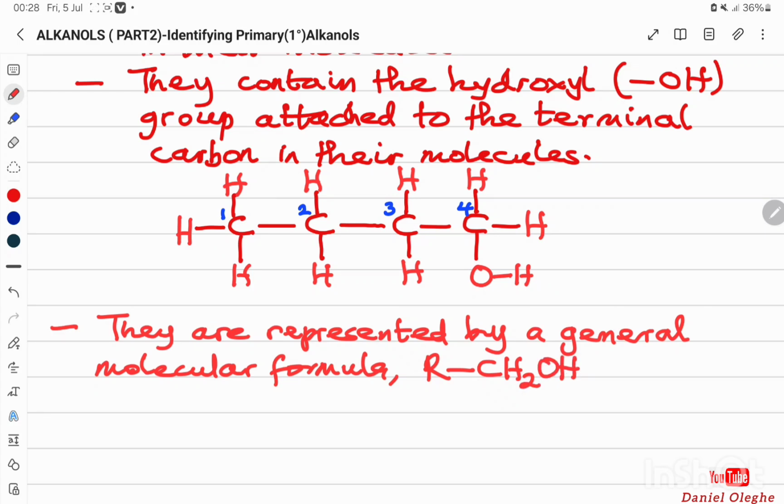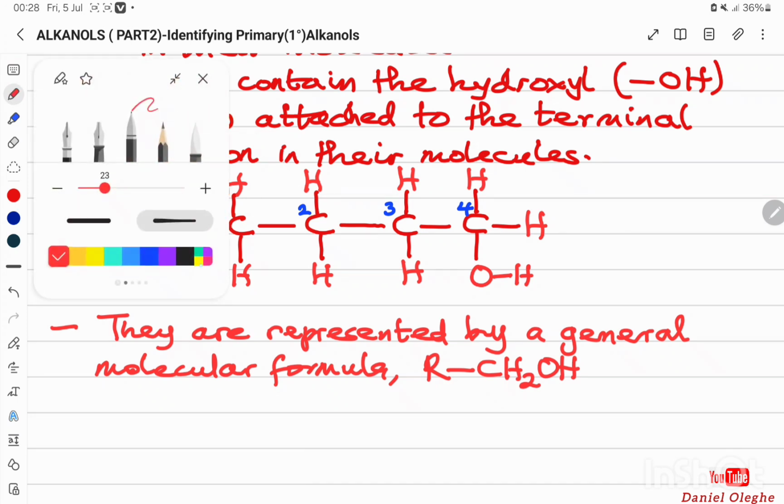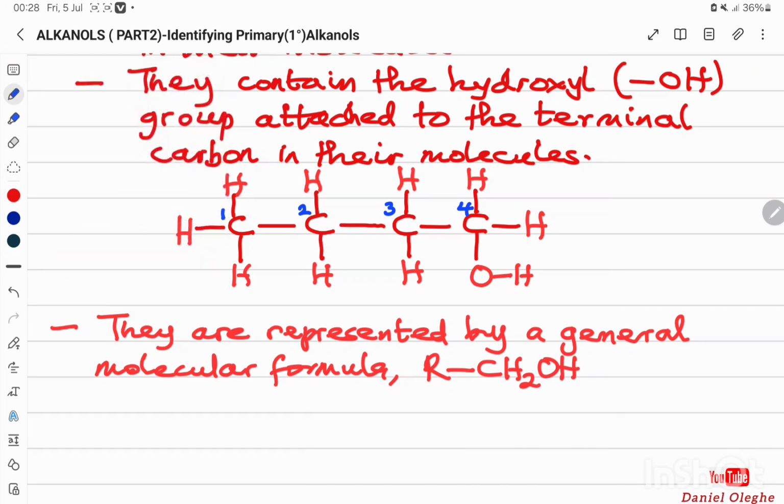That's the formula we can use to represent primary alkanols. They can be represented by that general molecular formula.